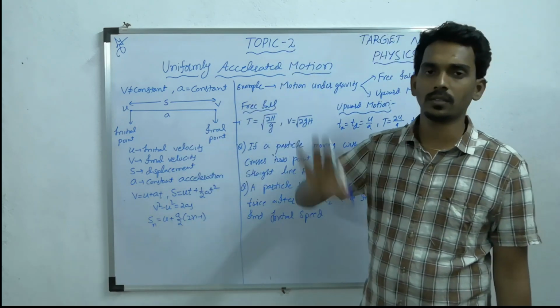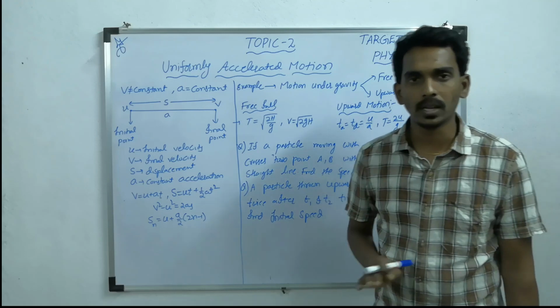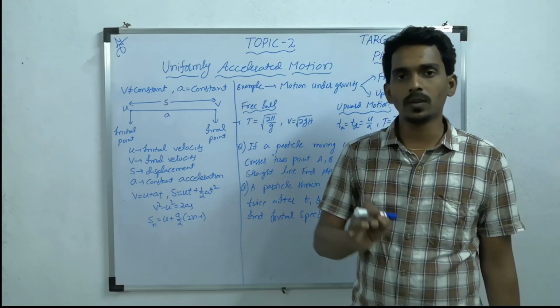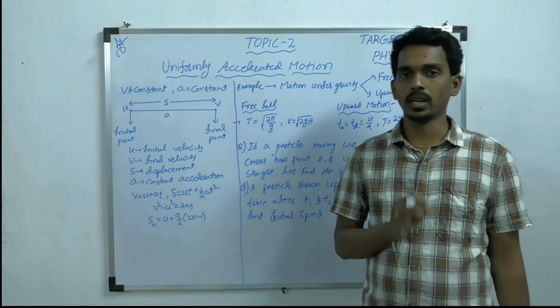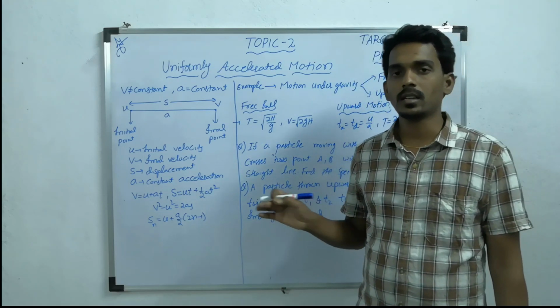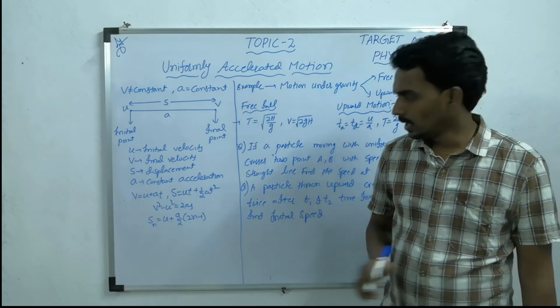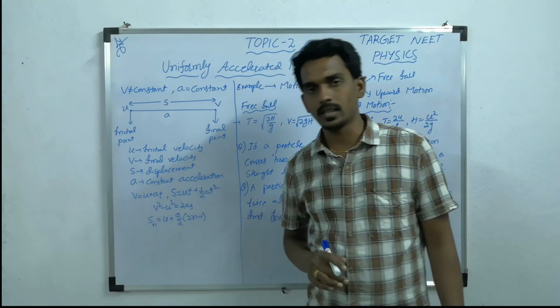And the relations are given as V equal to U plus AT, S equal to UT plus half AT square, V square minus U square equal to 2AS, and Sn equal to U plus A by 2 into (2n minus 1). There is one S, there is one Sn.